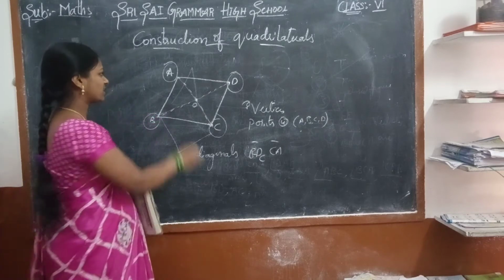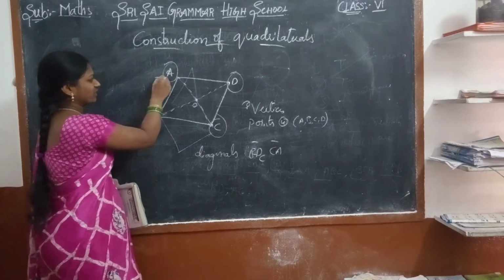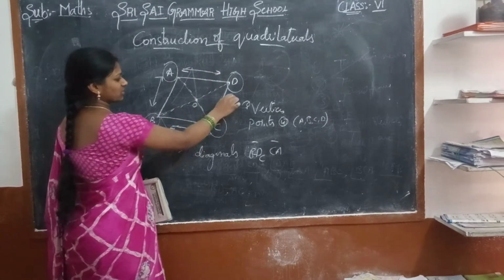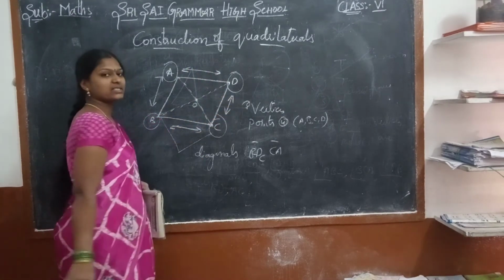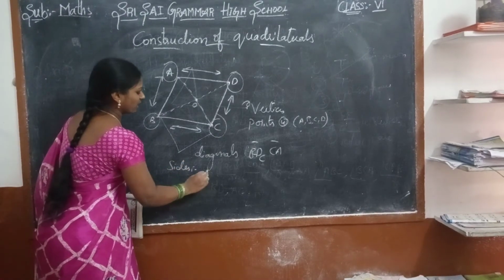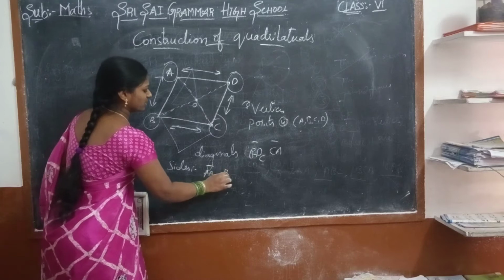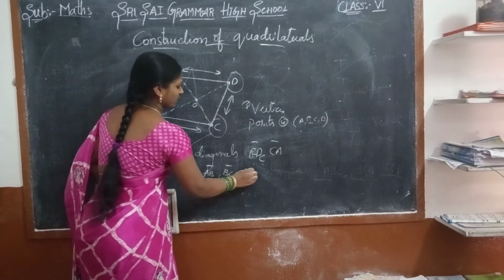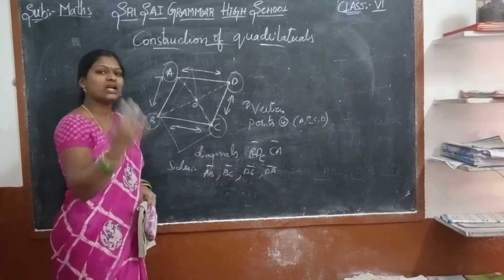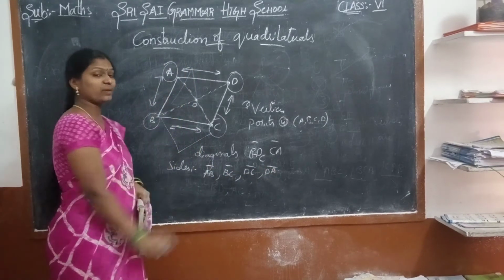What are the sides? AB is one side, BC is one side, CD is one side, and DA is one side. How many sides are present? 4 sides are present in the quadrilateral.